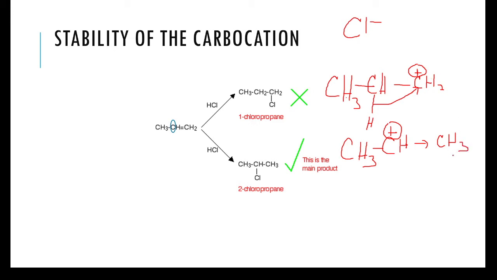CH2, it'll be a CH3 now, and the chlorine would still end up attacking here and ending up over there. So there is no method this way of creating a primary alkyl halide.